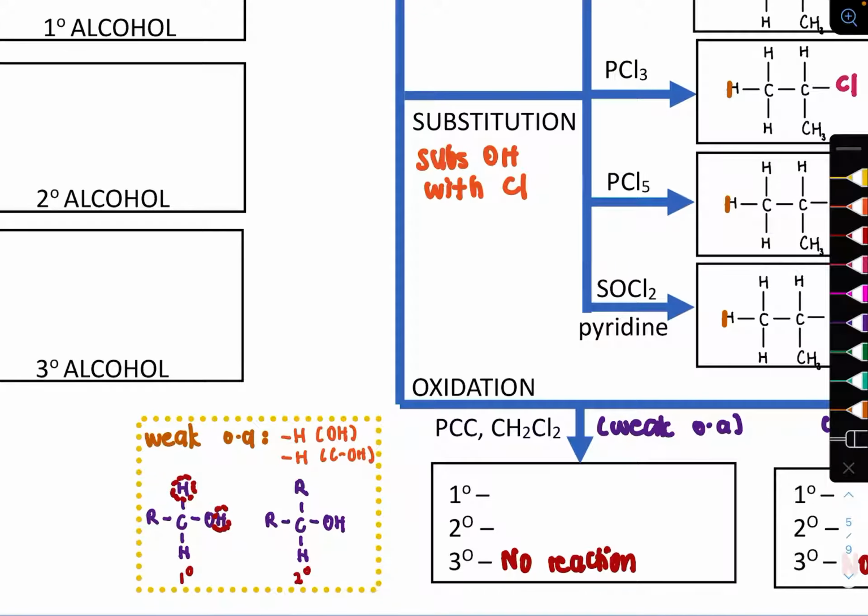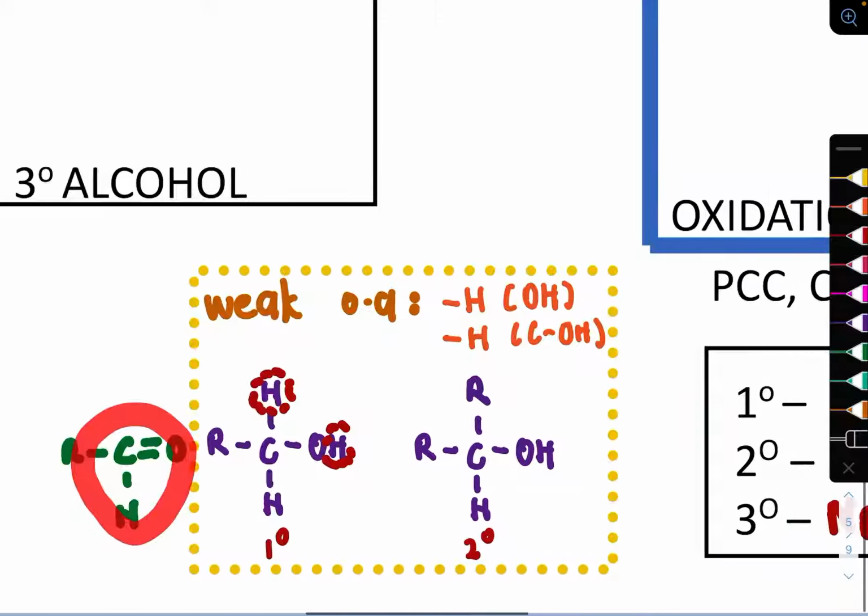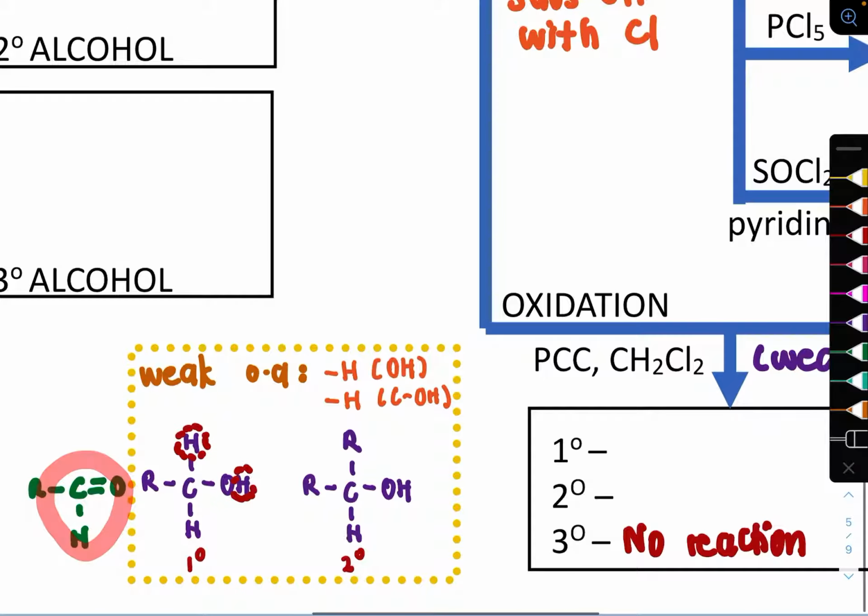Yang oxygen tu akan jadi double bond O. Sebenarnya kat sini hydrogen kan. Bila kita dah remove these two, sebenarnya oxygen ni akan jadi double bond O. Sebab nanti carbon ni cukup lah 4 bond. So this is actually our aldehyde. So kalau oxidation dengan primary, kita akan form aldehyde.